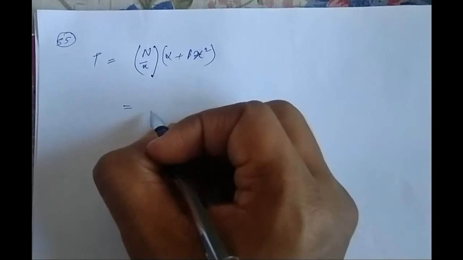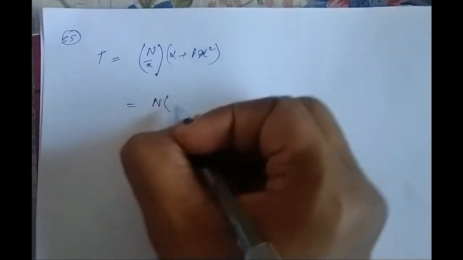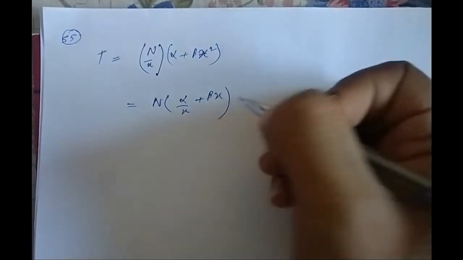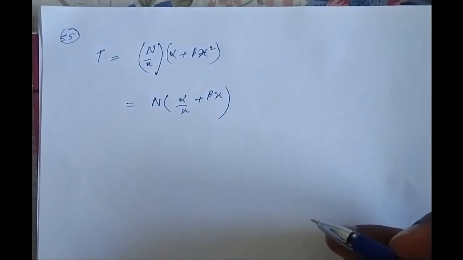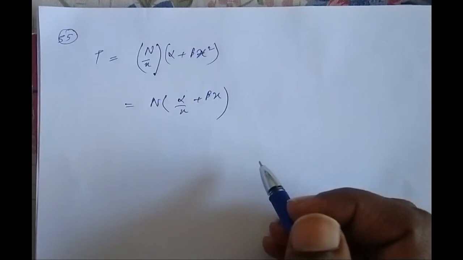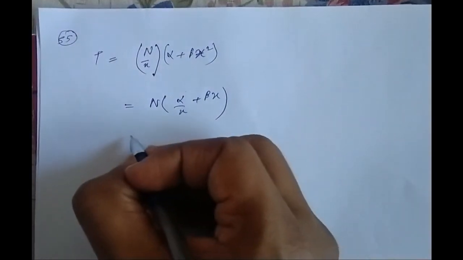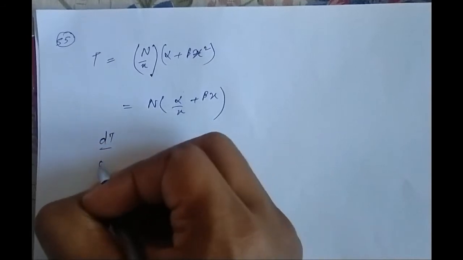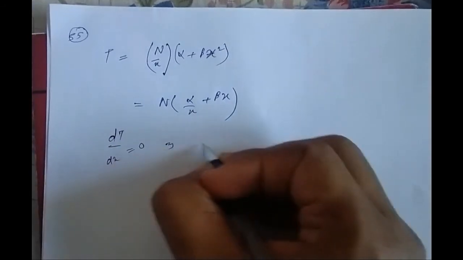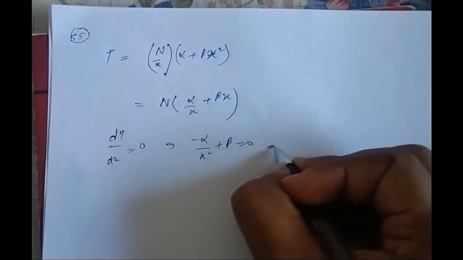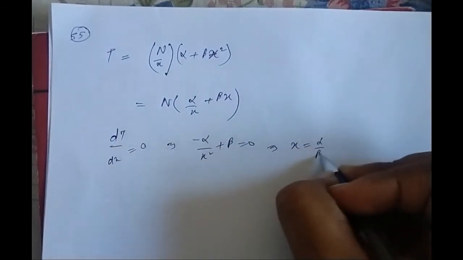Since we need to minimize this, n alpha by x plus n beta x, and this would be possible only if dT by dx is equal to 0. This implies x is equal to root of alpha by beta.